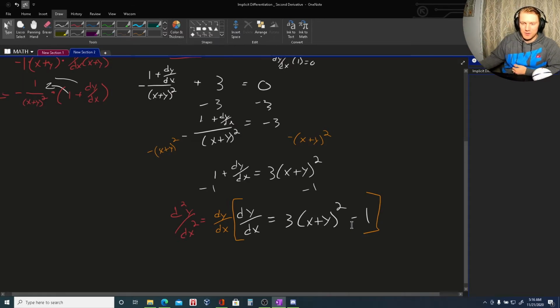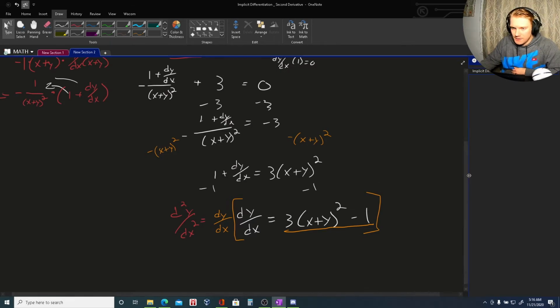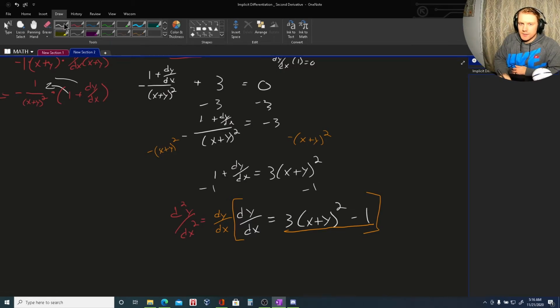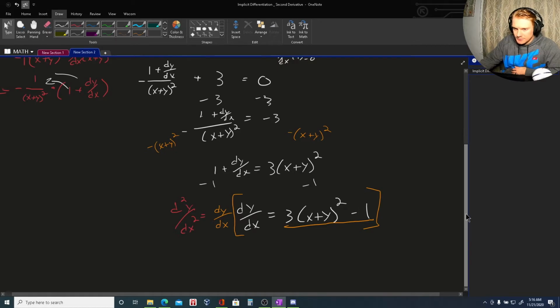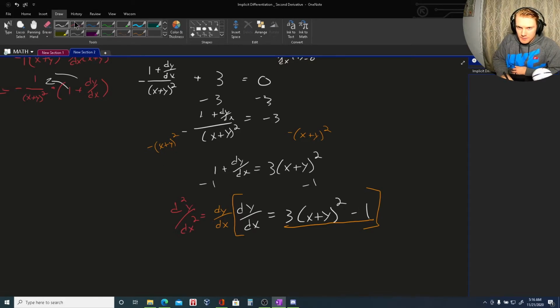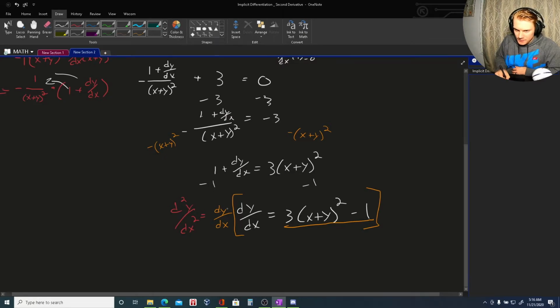Once you've solved for the first derivative, you take the derivative of that exact thing. And remember what it equals here, because we're going to end up plugging that in. It's a common thing that happens. So continuing, we're going to apply it over.